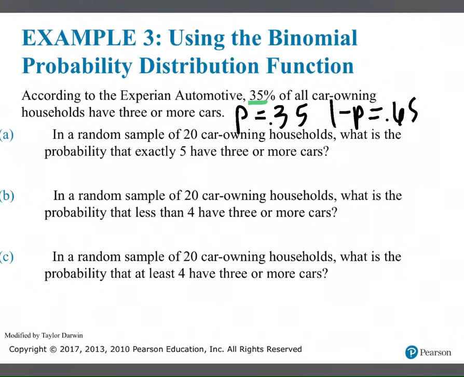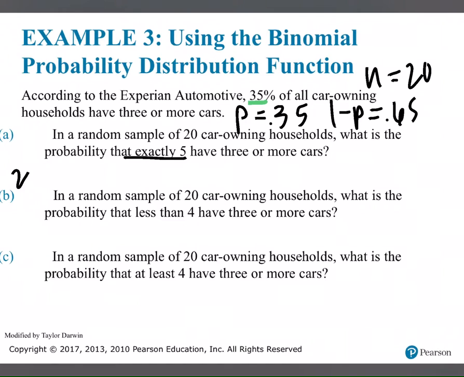A says, for a random sample of 20 car-owning households, what's the probability that exactly 5 have 3 or more cars? So your n is 20 because you're looking at 20 households, and we're going to use that formula. You might want to write it down because I don't have enough room to do it on this slide. I'm just going to have to go straight into it.